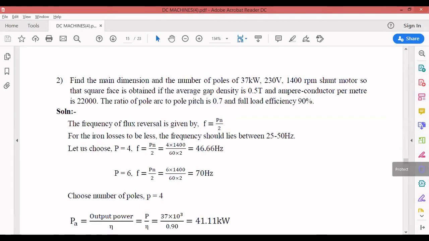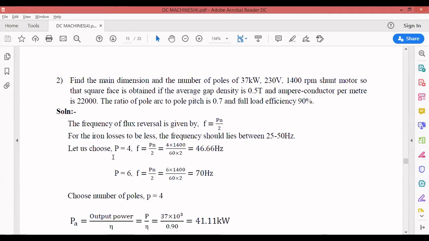The frequency of flux reversal is given by F is equal to Pn by 2. That's the formula. For the iron loss to be less, the frequency should lie between 25 to 50 hertz.